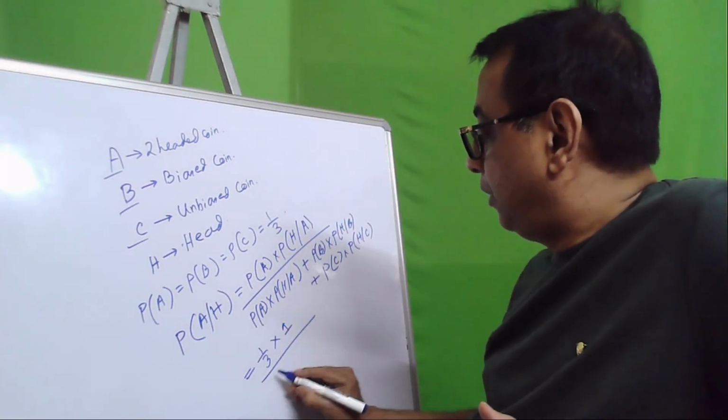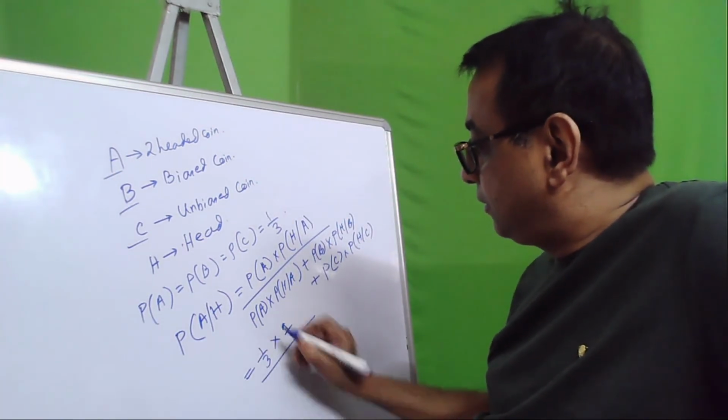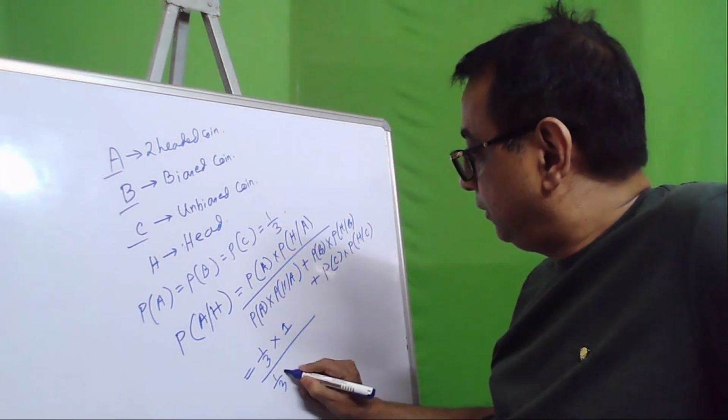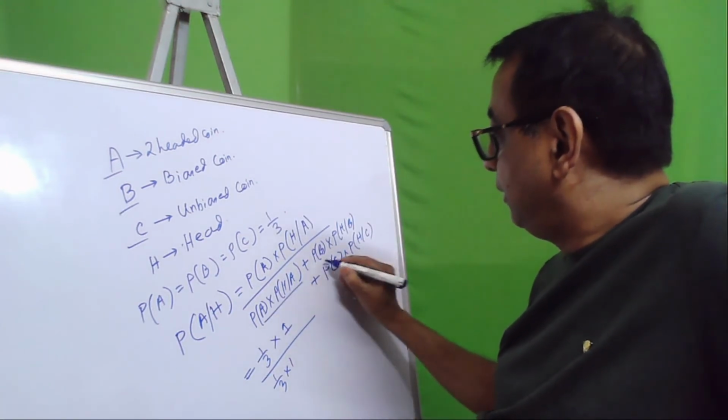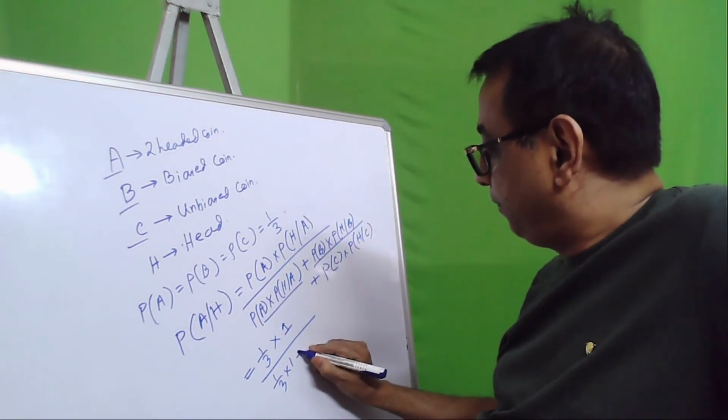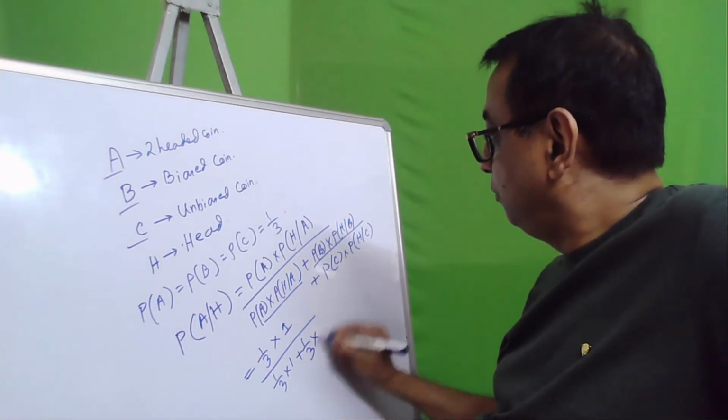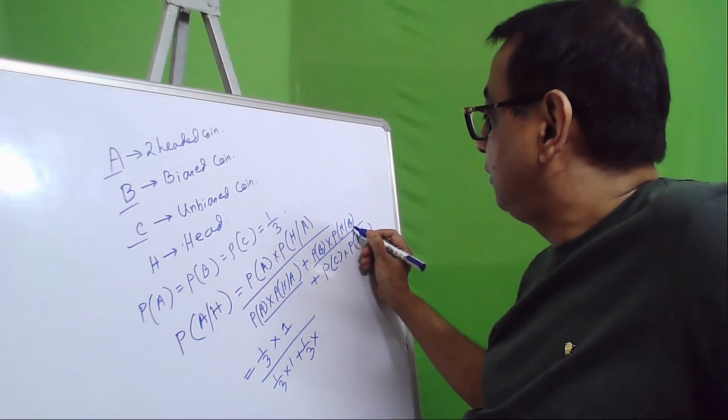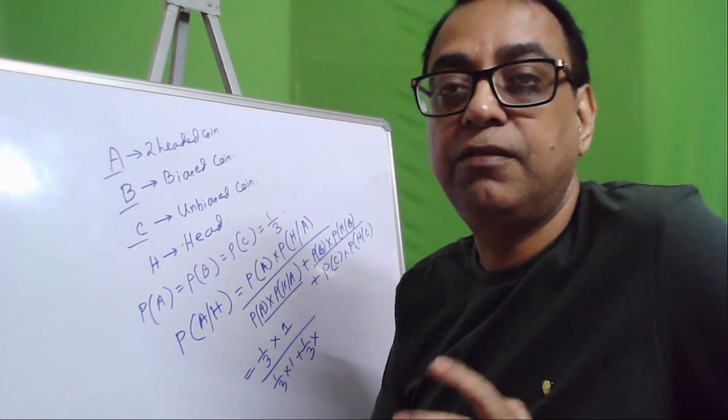So now the bottom part, PA will be again 1/3 into 1, this first part. The second part will be 1/3 into probability H given B. What is probability H given B?